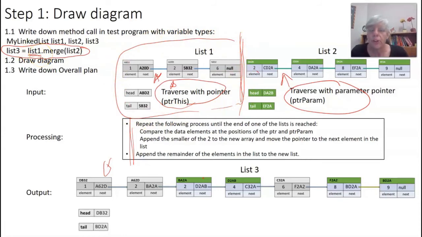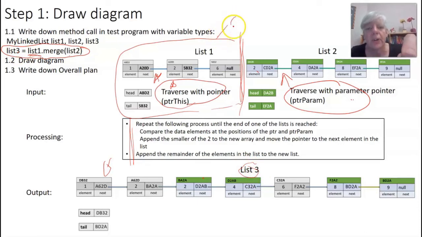List1 calls the merge method with a parameter, and that parameter is list2. It's this one here. And it's going to create a new list, list3, and it will return that list.